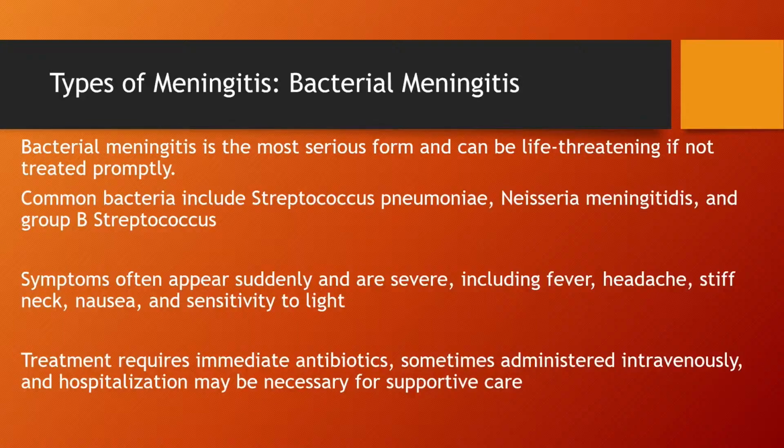Non-infectious meningitis occurs when inflammation of the meninges is triggered by conditions other than a pathogen, other than a virus, a bacteria, a fungus, or a parasite. So this can include drugs like NSAIDs or antibiotics, and carcinomatous meningitis, which can occur when cancer cells invade the meninges.